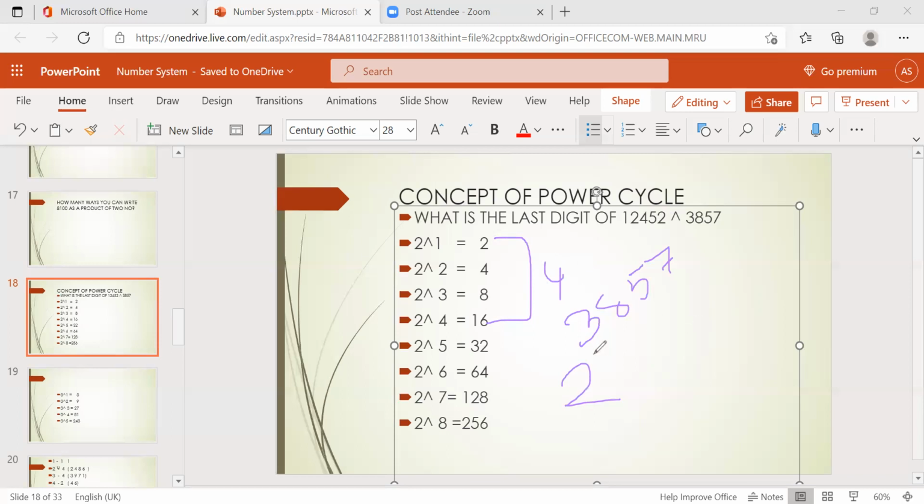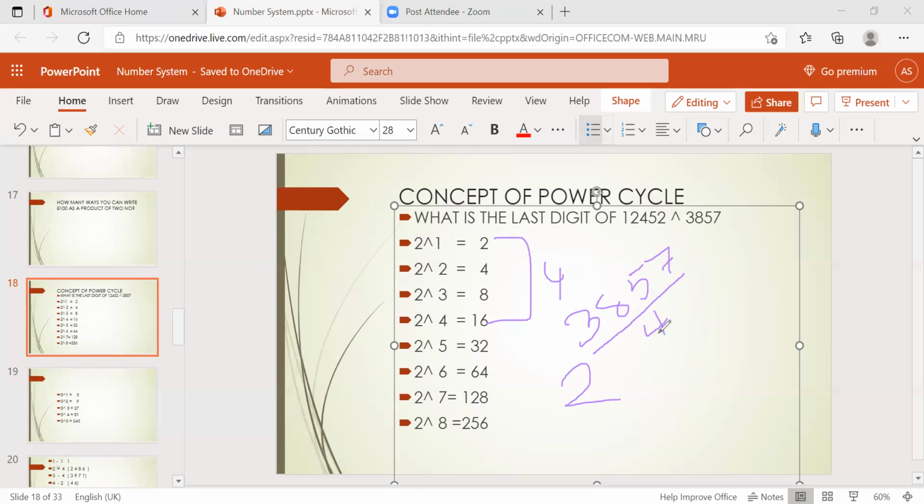Then just divide the power by 4. It is nothing but finding the remainder. So how do we find the remainder? We already discussed Vedic mathematics and number systems, so you can find it.